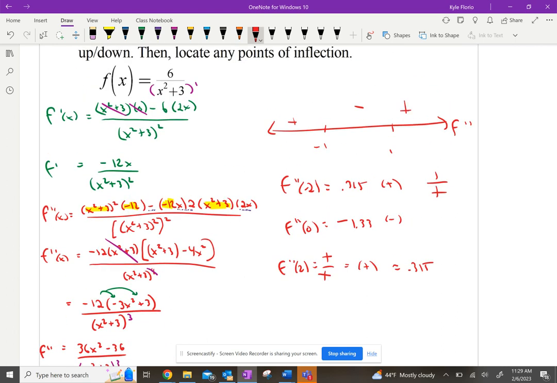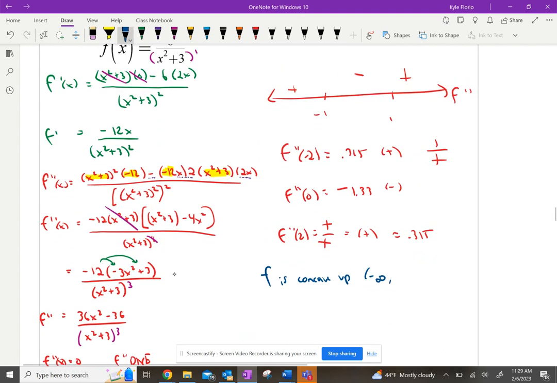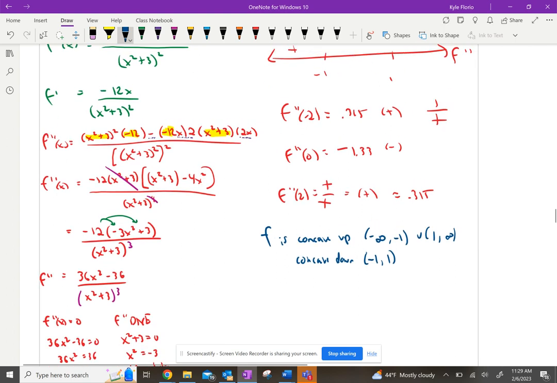So this tells me that my function's concave up everywhere except between negative 1 and 1. So f is concave up from negative infinity to negative 1, union 1 to infinity. And it's concave down from negative 1 to 1.